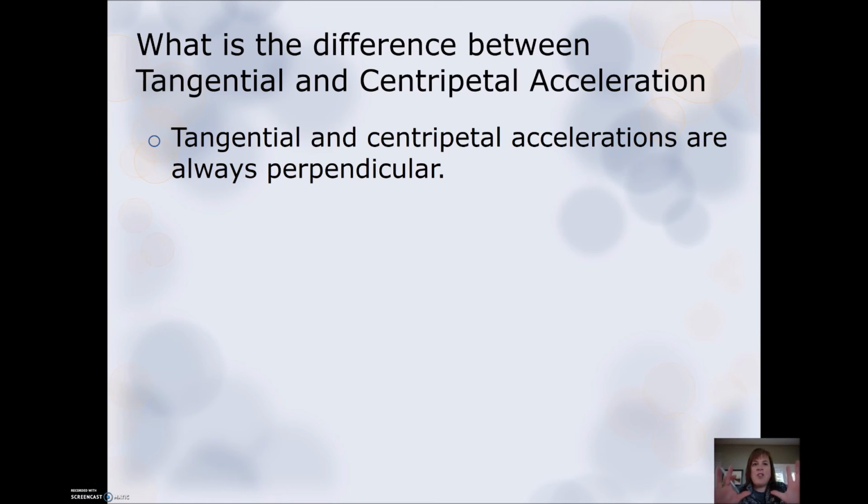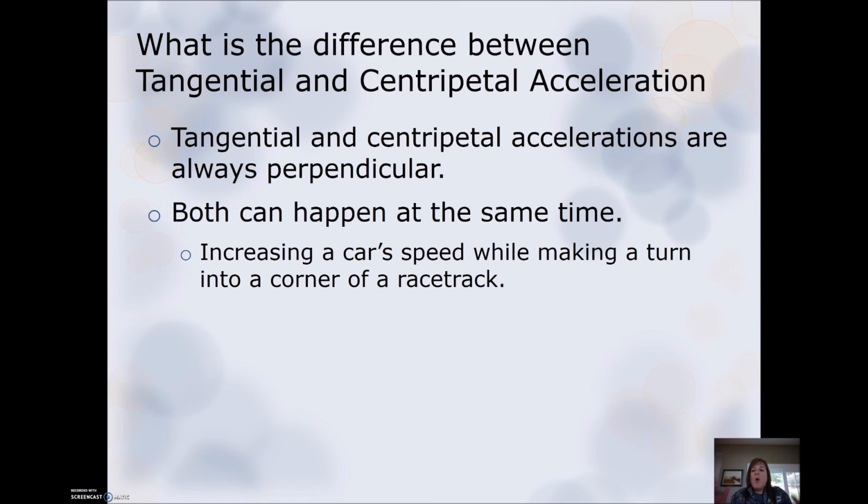Now, let's just talk a little bit more about tangential and centripetal accelerations. Tangential acceleration is always perpendicular to centripetal acceleration, because centripetal acceleration always points towards the center of a circle. So a tangential acceleration is always tangent to the circle, so those are always going to be perpendicular to each other. Both can happen at the same time. If an object is rotating and speeding up or slowing down, then I'm going to have tangential and centripetal acceleration.